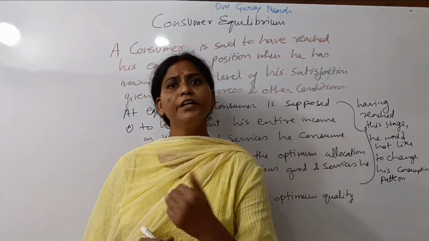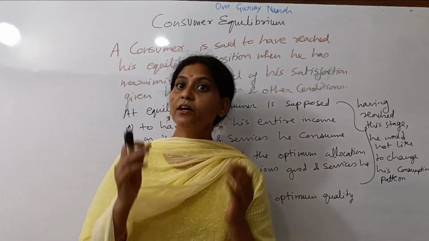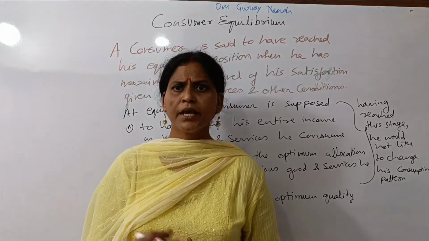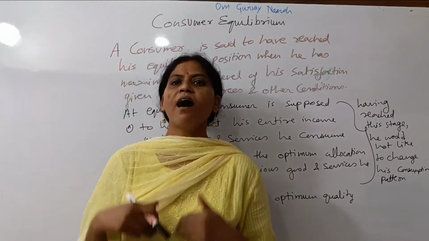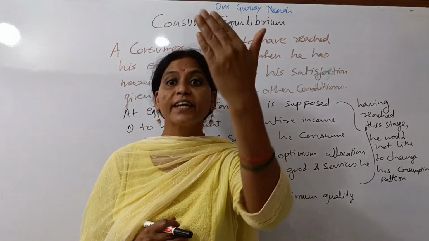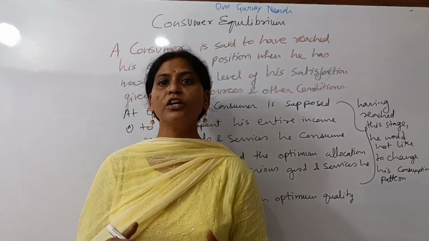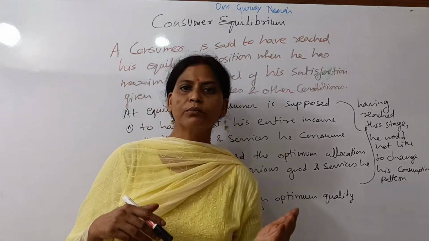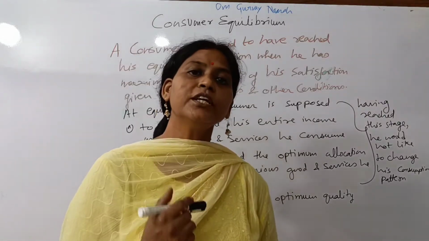A rational and utility maximizing consumer consumes commodities in the order of their utilities. He picks up first the commodity which yields the highest utility, followed by the commodity yielding the second highest utility, and so on. He switches his expenditure from one commodity to another in accordance with their marginal utilities.